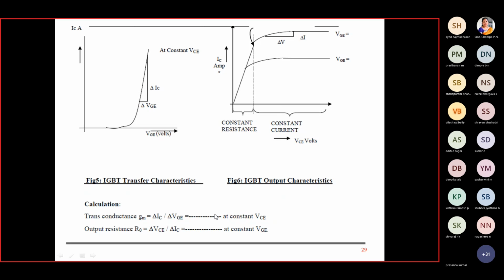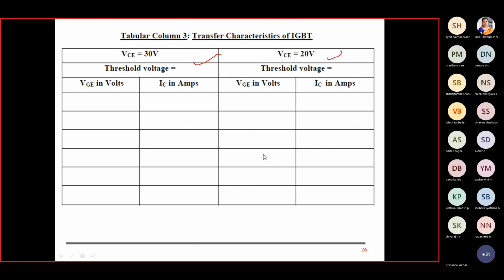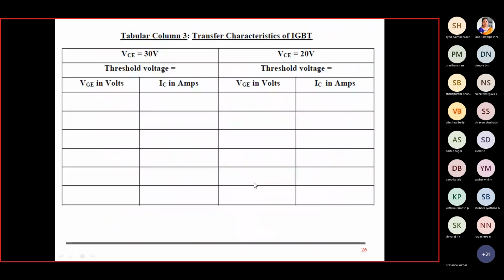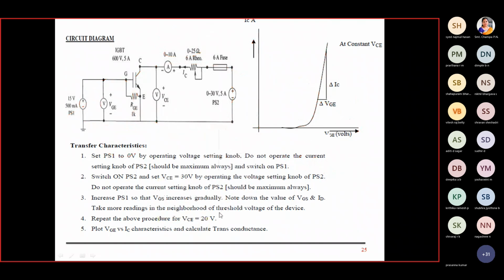So these are the 4 different values we are going to note down: GM and R0 from the MOSFET, and GM and R0 from your IGBT. Both are one and the same. You should remember that VGS for the MOSFET is 3.5 and VGE for the IGBT is around 5 to 5.5 volts.